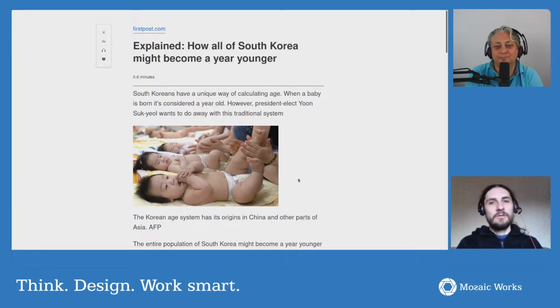And also we assume about languages that everyone will read or write from left to right, because we use English, and that's like the programmer's language. But not everybody does. Some write from right to left, or from top to bottom.